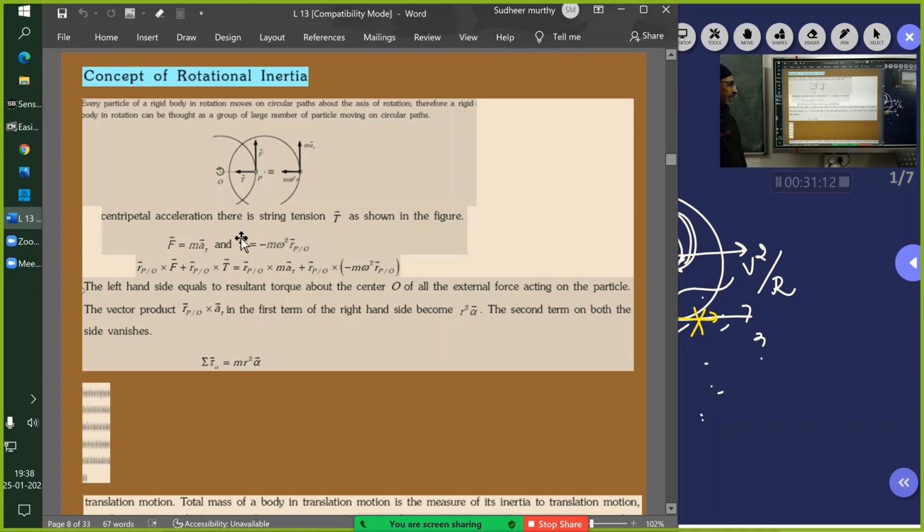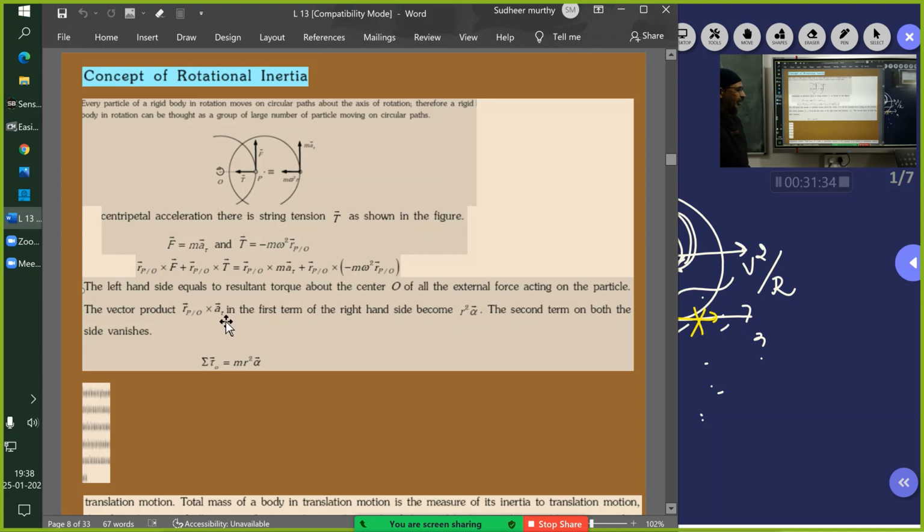There are two forces acting, so we are calculating the torque due to these two forces. So the vector product r bar of P with respect to O into a bar t, where a bar t is tangential, in the first term on the right, this one we know.